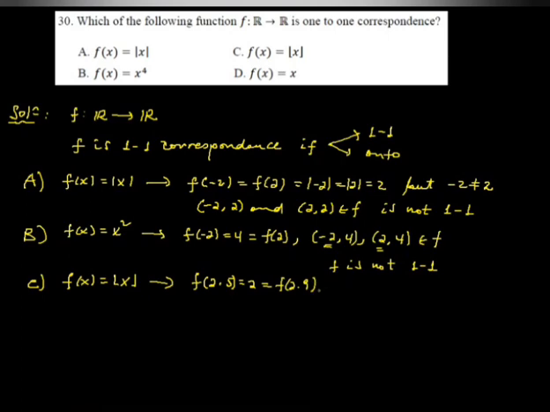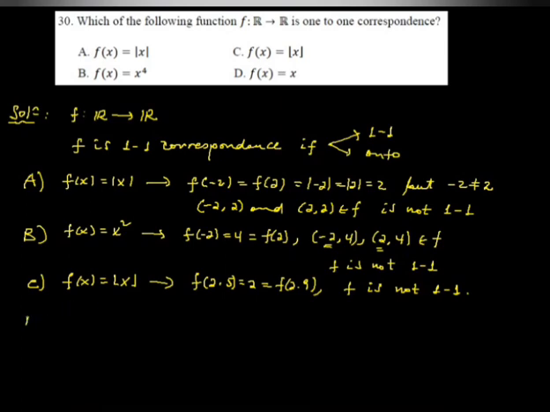So still we have two different first entries mapped to the same second entry. So f is not one-to-one. This function is not one-to-one.